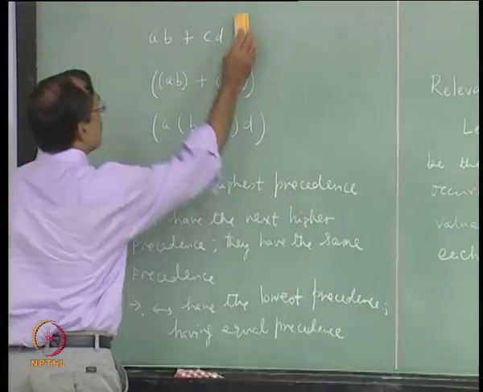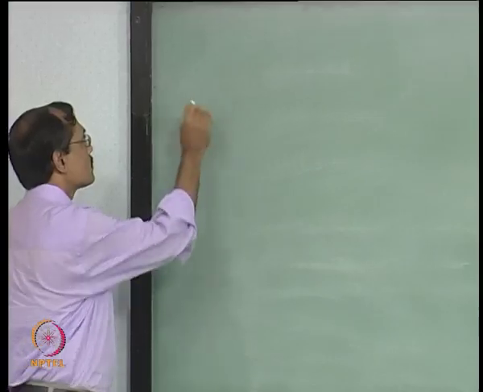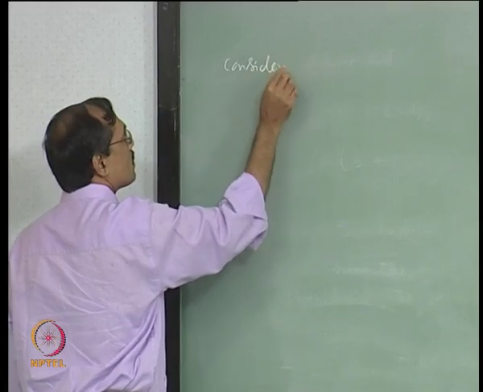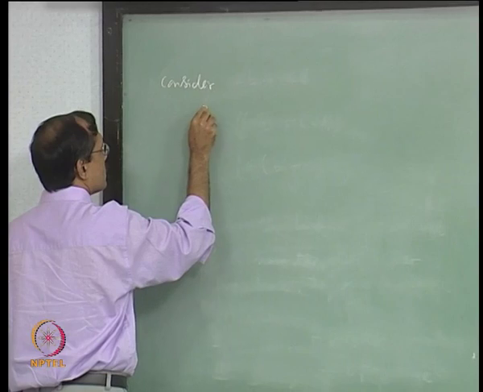Okay. Let us see some example of how the interpretations are used. Consider a proposition W which looks like this.